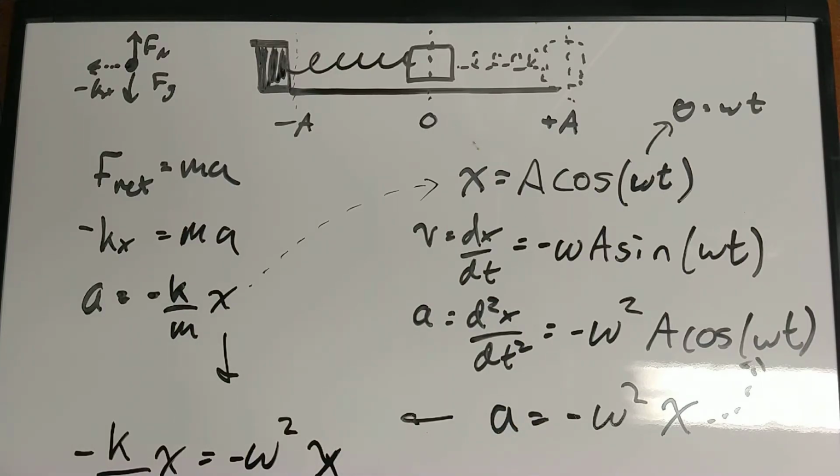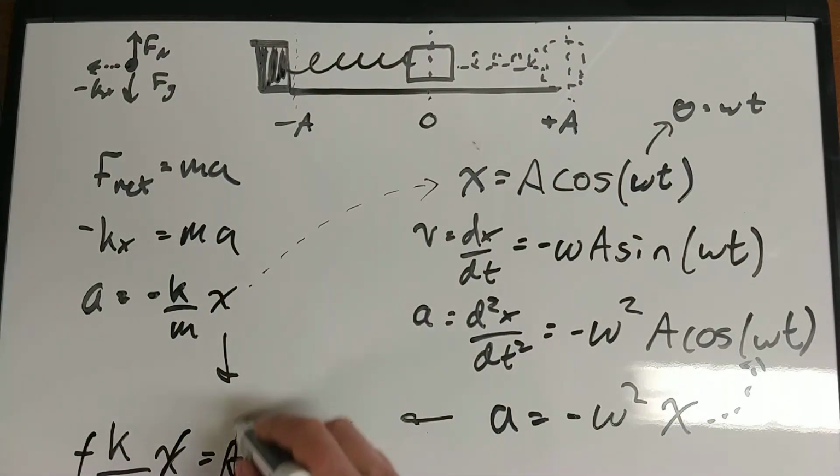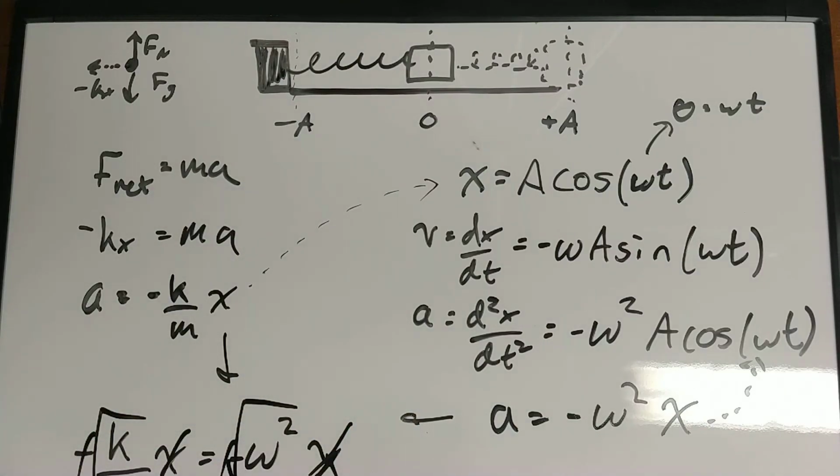Therefore, the angular frequency equals radical k over m. The x's cancel, negative signs cancel, take the square root of both sides, and from that we get all kinds of good stuff. We could find the frequency.